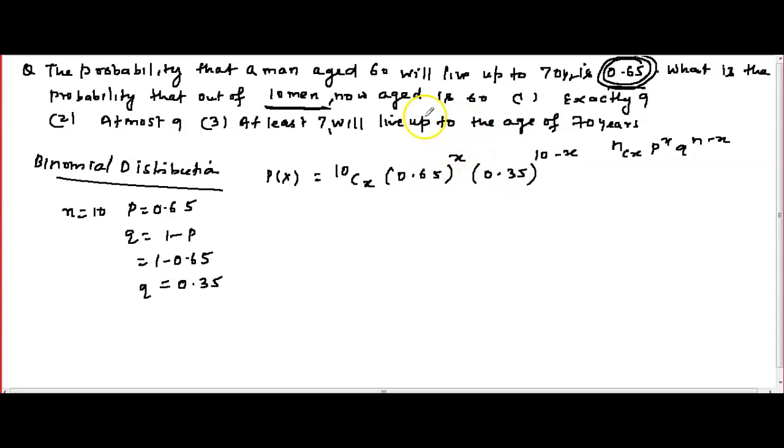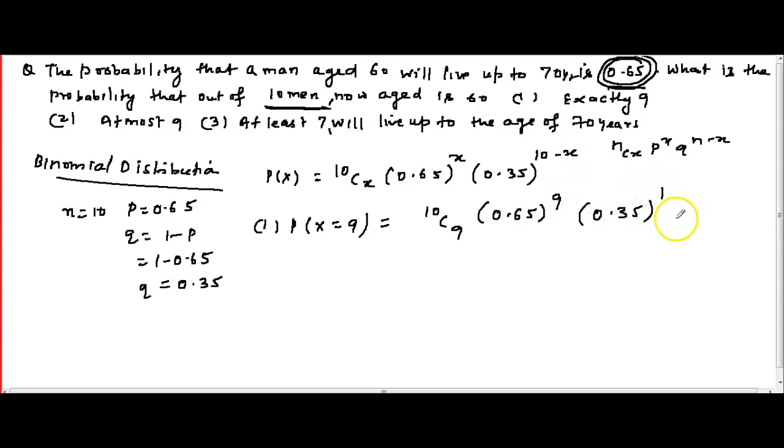This x depends upon what is given in the question, like exactly 9 here. In the first question x is equal to 9, exactly 9 means equal to 9, so just substitute x as 9: 10C9 into 0.65 to the power of 9 and 0.35 to the power of 10 minus 9, which is 1. This is the answer for the first one.